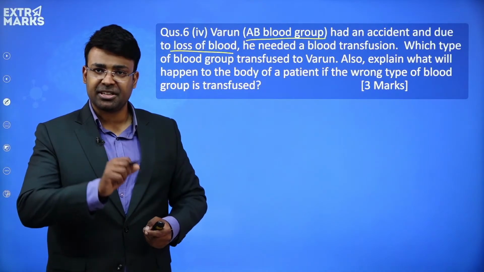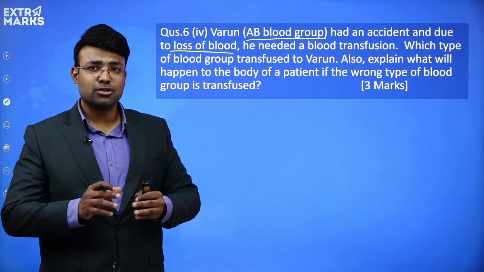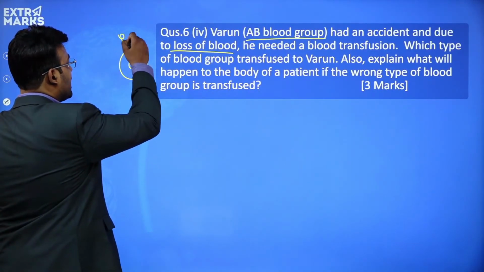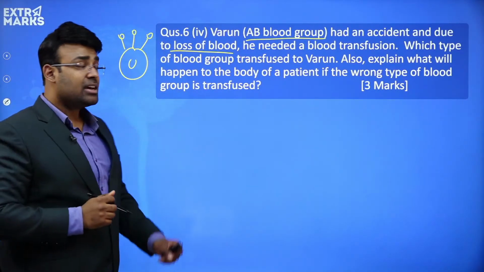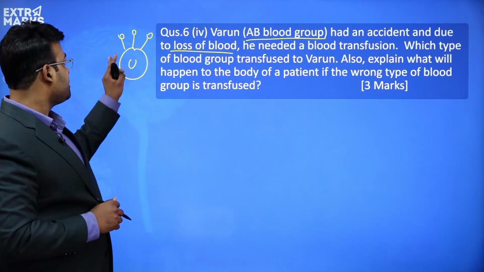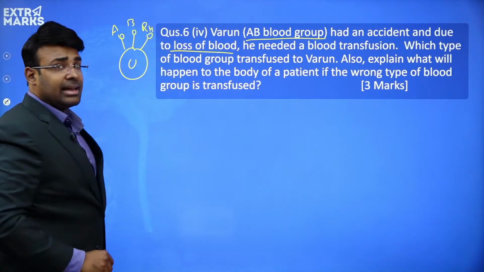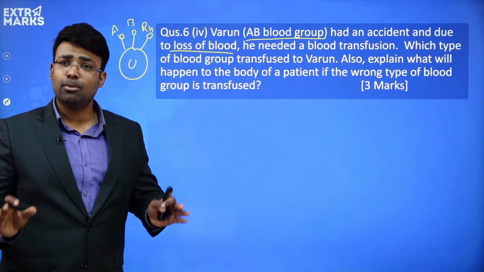AB positive is a universal acceptor, because the RBCs Varun is carrying have all three types of antigen. Antigens are the proteins present on the RBC surface. So Varun has A, B and Rh.